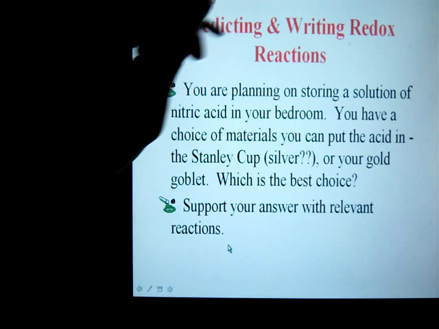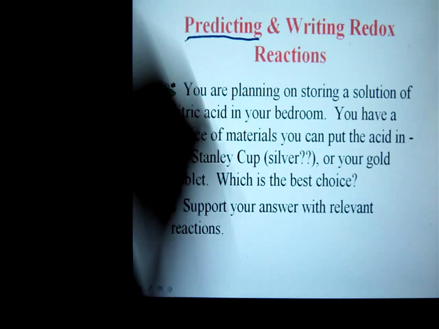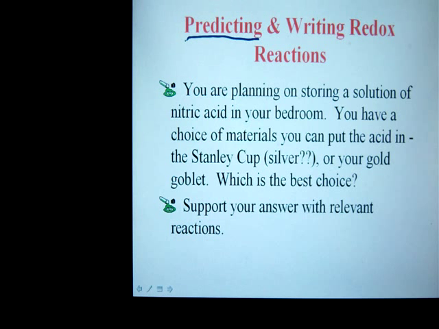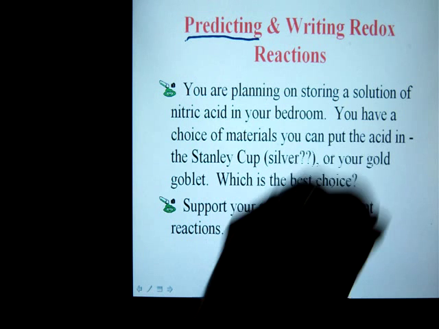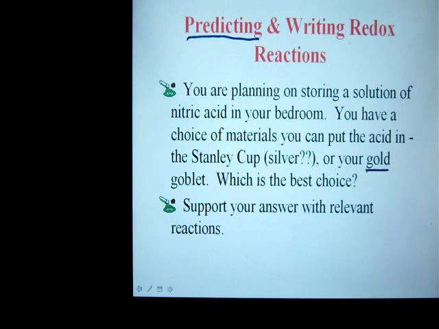Anytime you are predicting a reaction, which means you're just given a bunch of reactants, in this case you have gold, you have silver, and you want to know if you can store nitric acid in one of these.